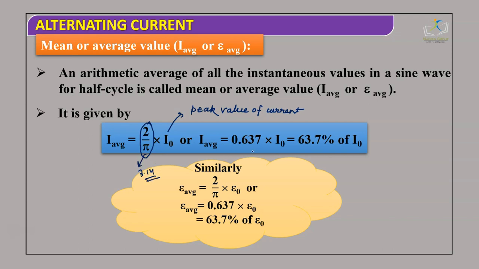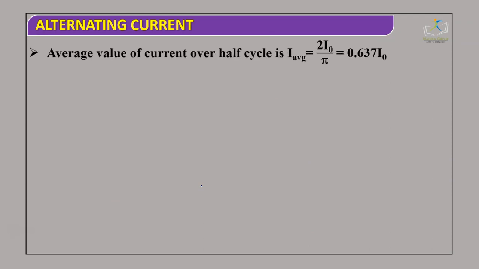We put this value and get the result 0.637 times I naught, or 63.7% of I naught. Similarly, for E average we can calculate this value. Average value of a current over half cycle, I average, equals 2 I naught by pi, which equals 0.637 I naught.